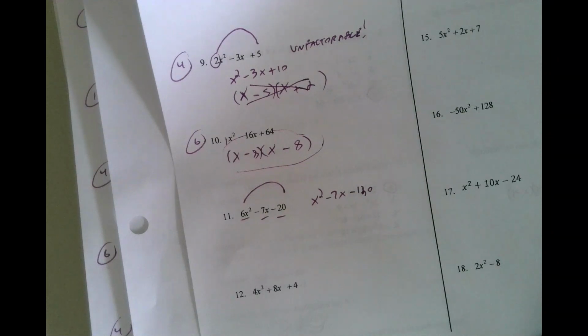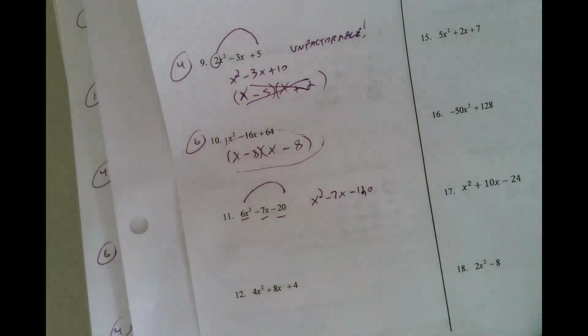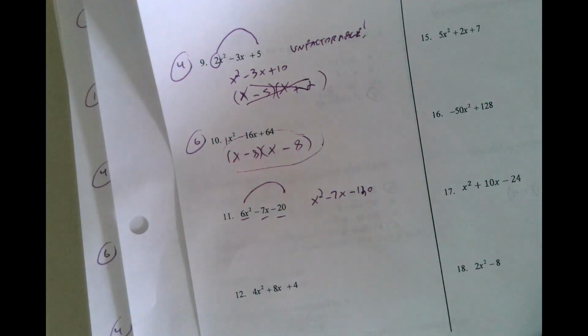You want factors of 120 that make a negative 7 right in the middle. Just start dividing out numbers: 1, 2, 3, 4, and so forth. Make a list.